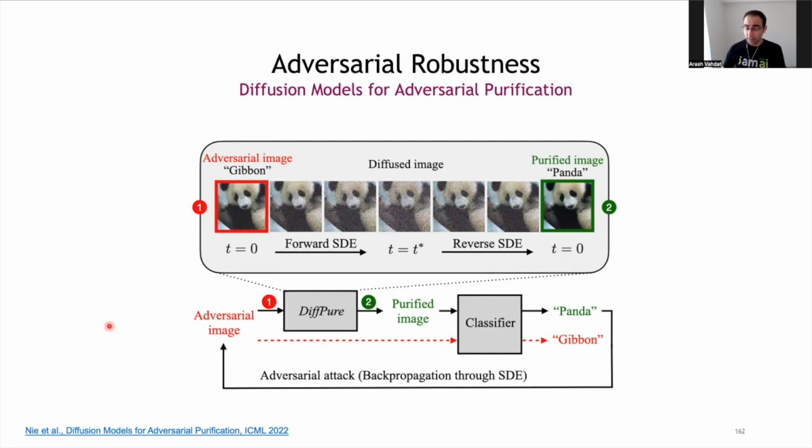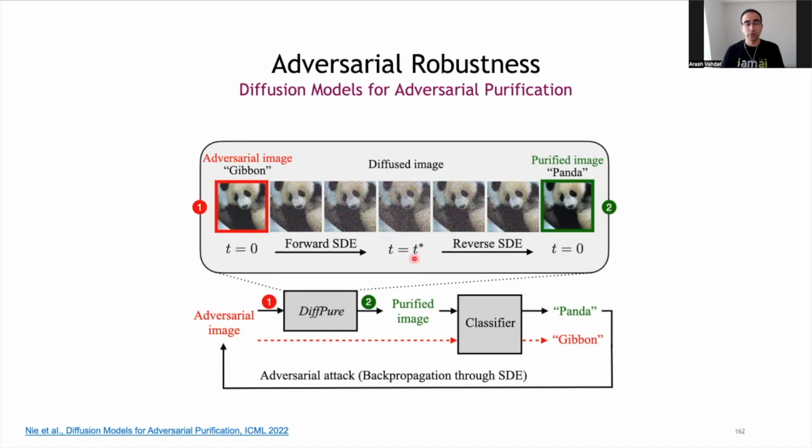The proposed idea here is similar to SDEdit, mostly applied for adversarial purification. Given this adversarially perturbed image, what we propose is to follow the forward SDE, which corresponds to adding noise and diffusing the input adversarially perturbed image using just a forward diffusion kernel.